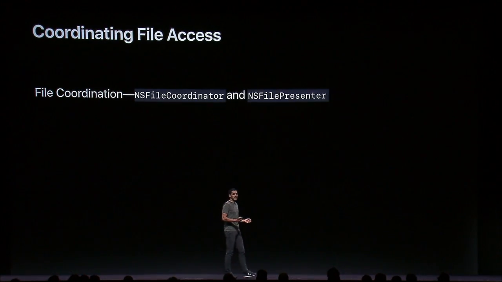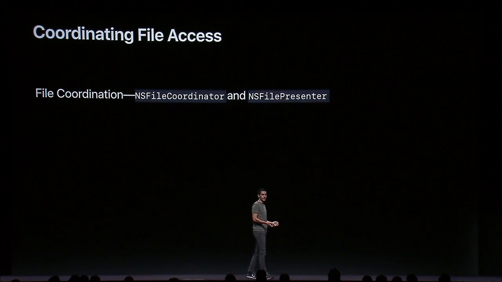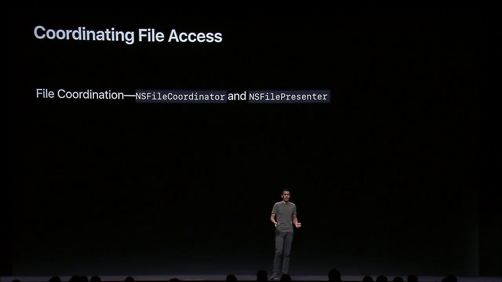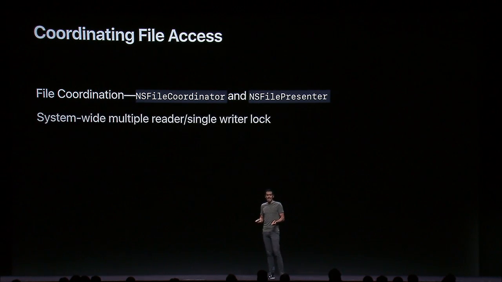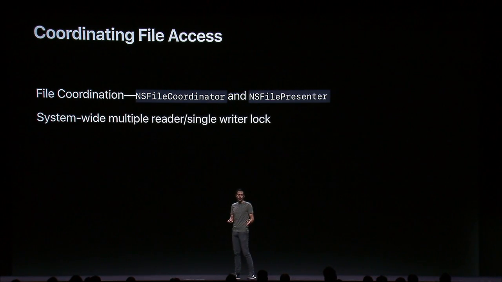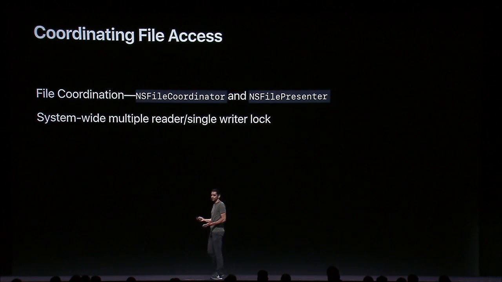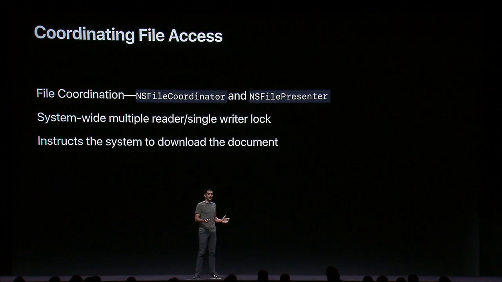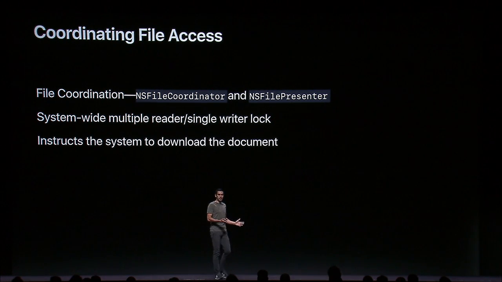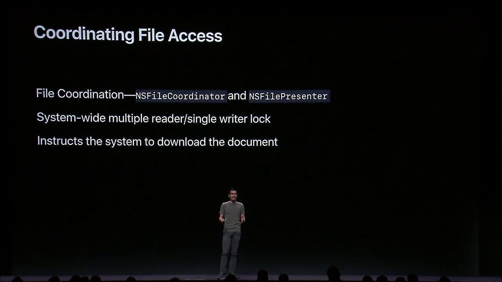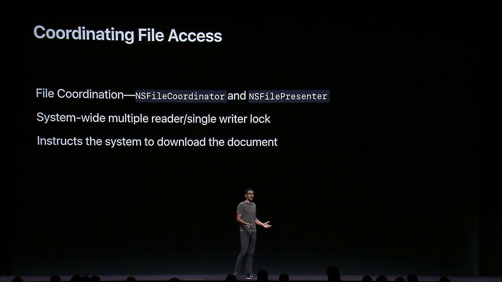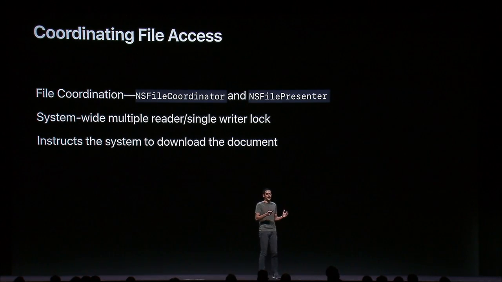On iOS, this mechanism is called file coordination, and it is exposed via the NSFileCoordinator and NSFilePresenter APIs. It acts as a system-wide multiple reader single writer lock, and it's also the way for your app to instruct the system to download this document if it's not available locally, because as you may know, a lot of these documents could be in the cloud and not on the device.